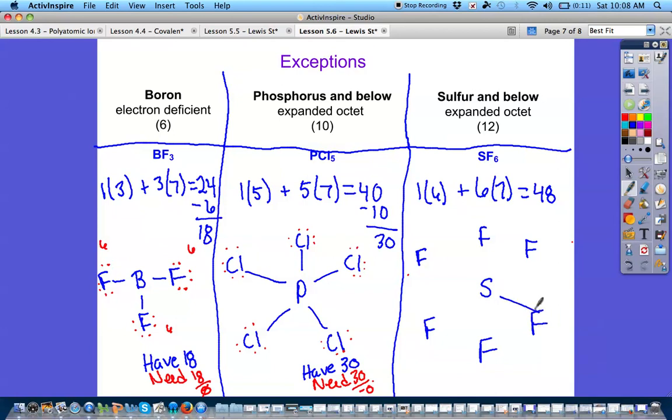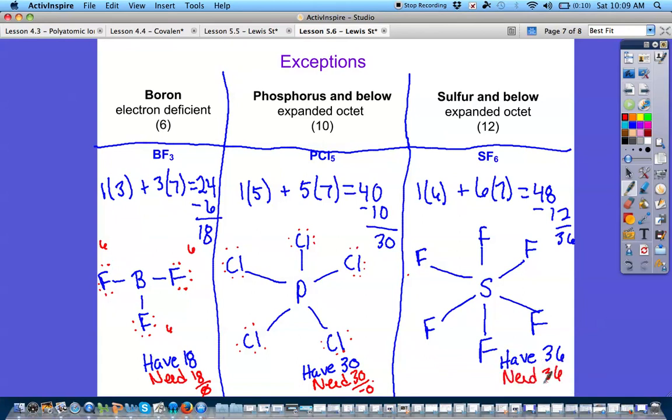Again, the number of atoms that are bonded to sulfur is greater than 4, so we know that we have to have an expanded octet. The math is also going to line up with us. So we have 12 electrons involved with bonding, so we have 36 electrons. Each fluorine has 2, so it's going to need 6, so 6 times 6 is 36. So we have 36, and we need 36.